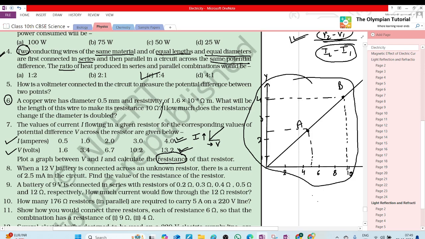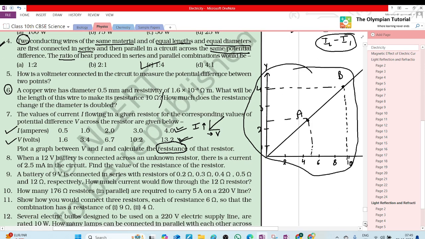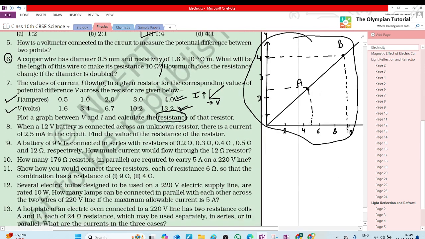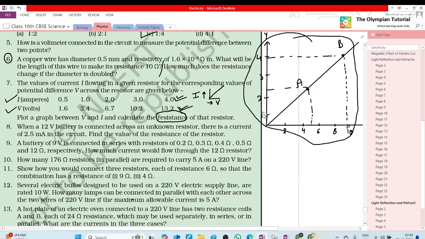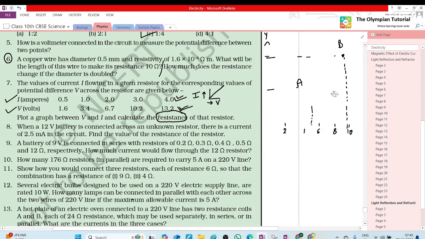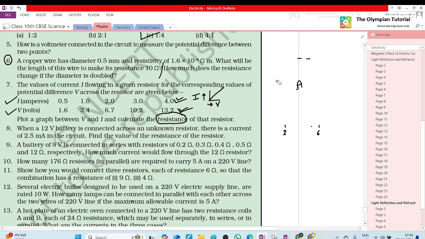Thanya, read question number 8. When a 12-volt battery is connected across an unknown resistor, there is a current of 2.5 milliampere in the circuit. Find the value of the resistance of the resistor. So what is the potential difference? 12 volt. Current 2.5 milliampere. Should we convert it? Yes.